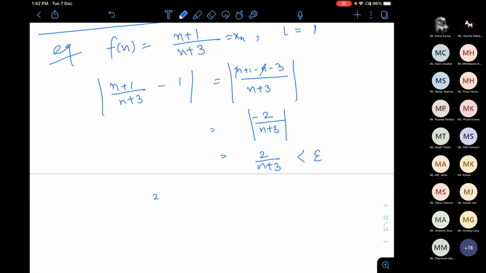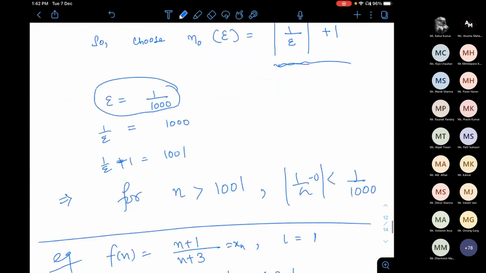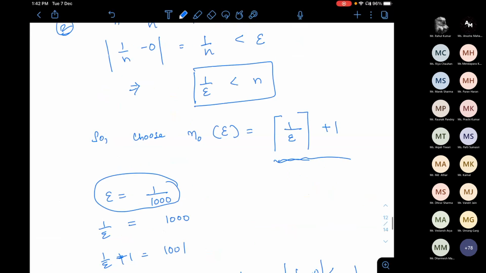Ma'am, in the previous example, you wrote that n should be greater than 1001, but we can take n greater than or equal to 1001. Yes, you can. I have taken 1 plus 1 for my surety. When they ask you, you have to calculate n naught to be very precise: what is the least number n naught? If they ask you to choose any n naught, you can choose any n naught.